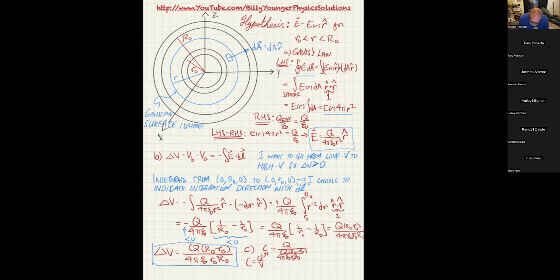You can see that that ultimately gives you C is equal to 4 pi epsilon naught little r0 big R0 over big R0 minus little r0, and that's our final answer.